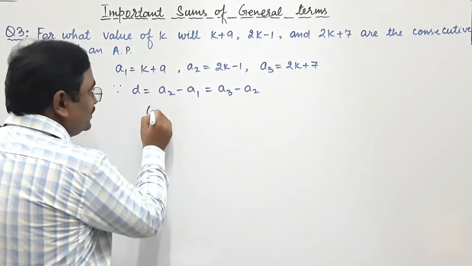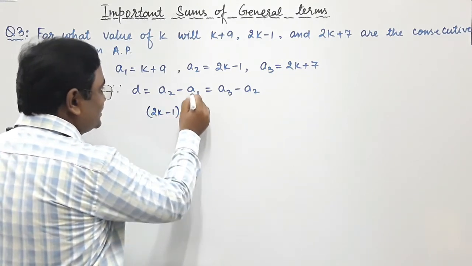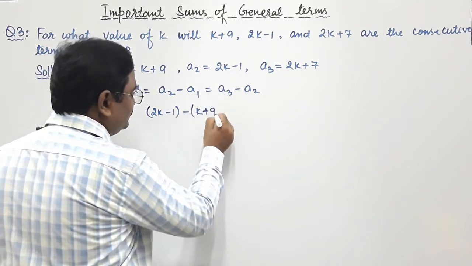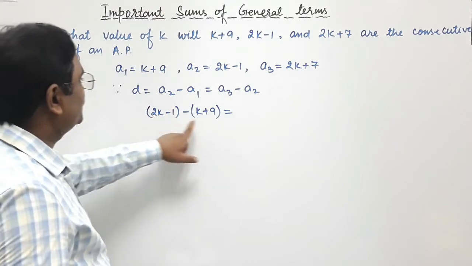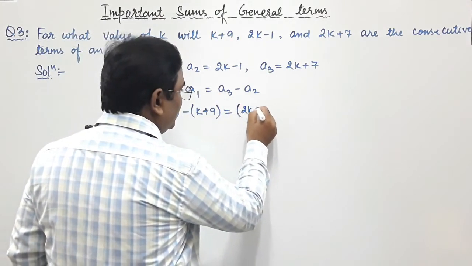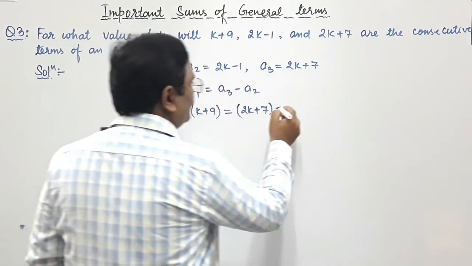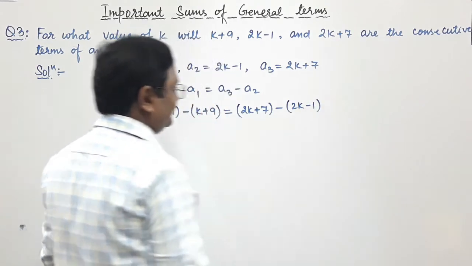Now you have to take these parts. a2 is 2k minus 1 minus a1 is k plus 9. This will be equal to a3, which is 2k plus 7, minus a2, which is 2k minus 1.